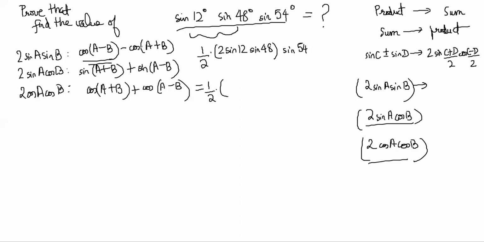Cos A minus B minus cos A plus B. So cos 12 minus 48 is cos of minus 36, but cos of minus 36 is the same as cos 36, minus cos 60, into sin 54, right? So this becomes half of cos 36 minus half of sin 54, right? Correct?